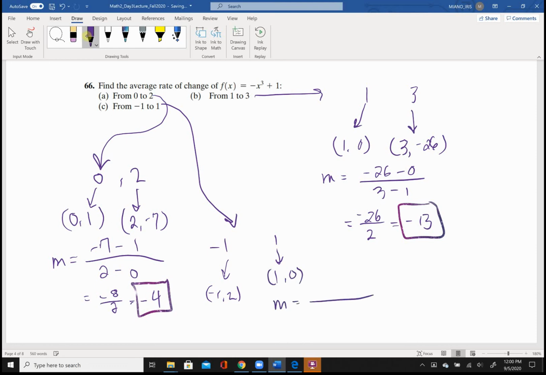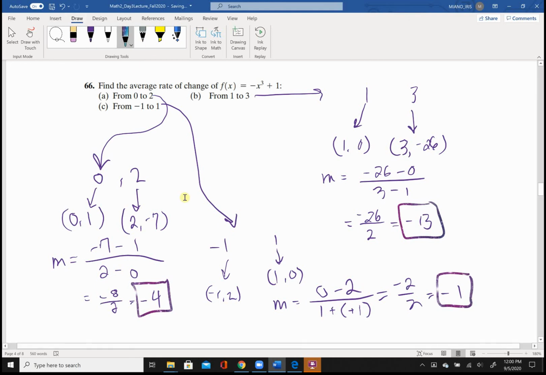Slope and rate of change, same thing. 0 minus 2 in the numerator, 1 minus a -1 in the denominator. Go ahead and make sure you do the double negativity adjustment there, and you should get -2 over 2, which settles down to -1. Cool. So a little bit of algebraic practice there, rapid fire. Hopefully that was all very familiar.